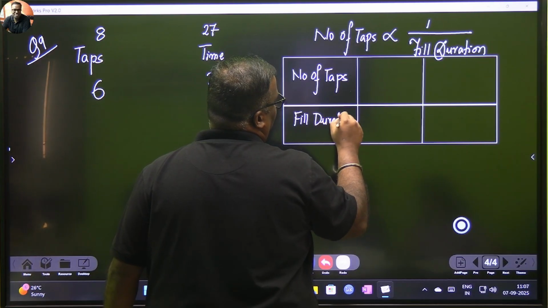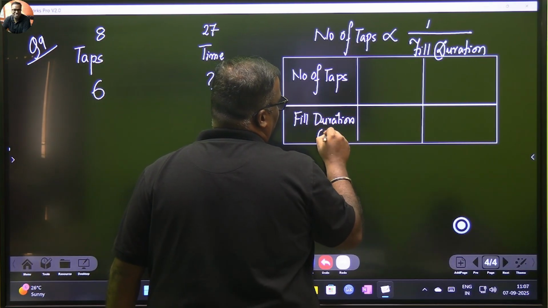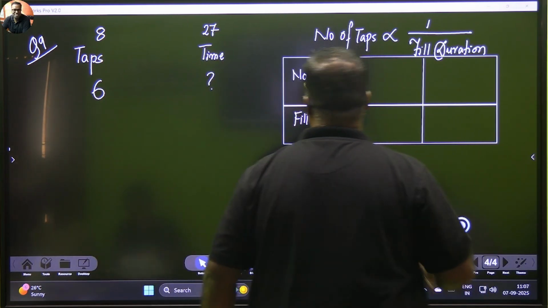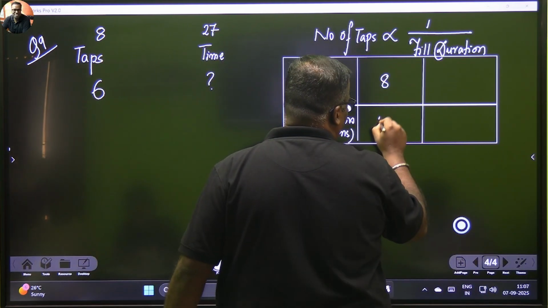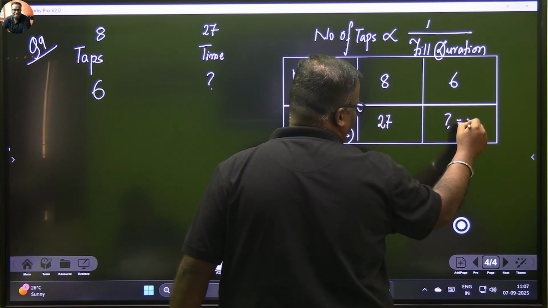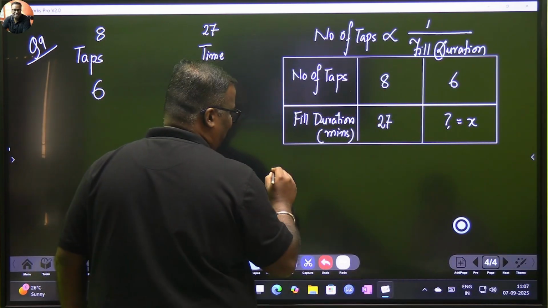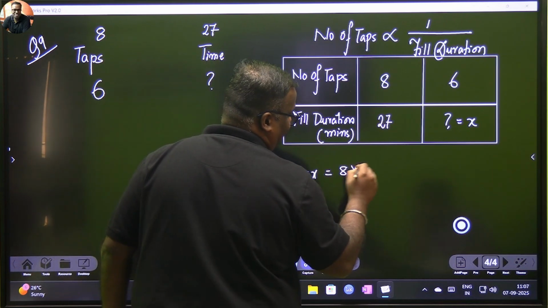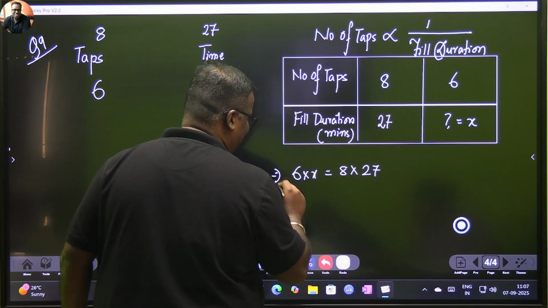Fill duration. And we are measuring fill duration in minutes. So our number of taps are 8, 27, 11.